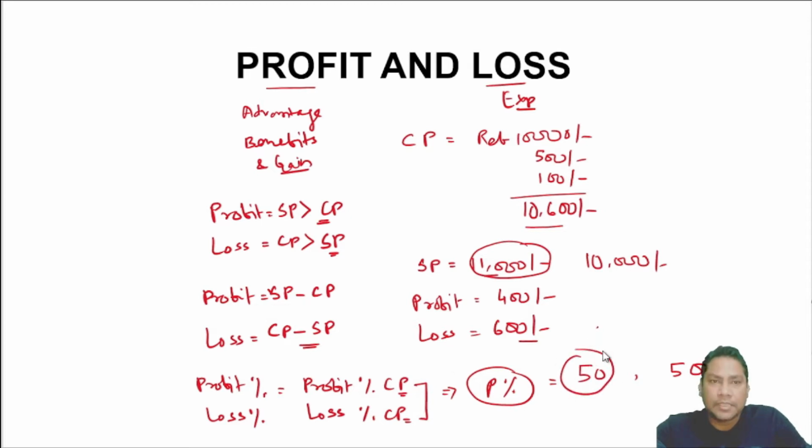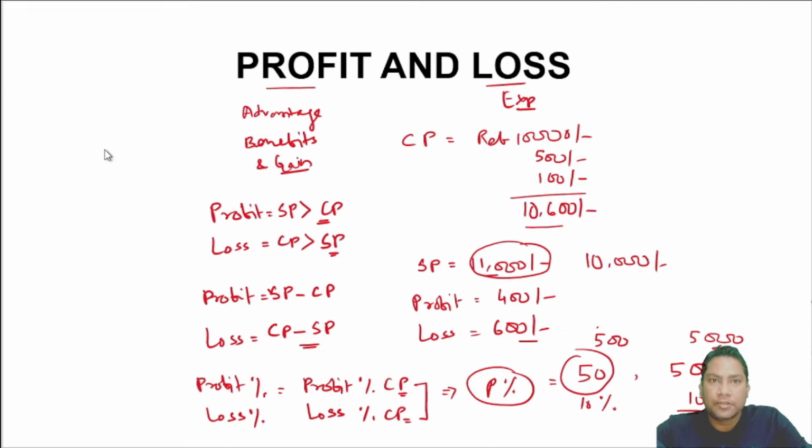If he says I made 50 rupees profit on 500, and the next one says I made profit on 5,000 rupees, then if we calculate, the percentage of both of them will be 10%. So to compare or take a relative value, we use profit percentage and loss percentage. In this video, I will go from basic to advanced level so that there will be no doubts or clarifications left to be resolved.